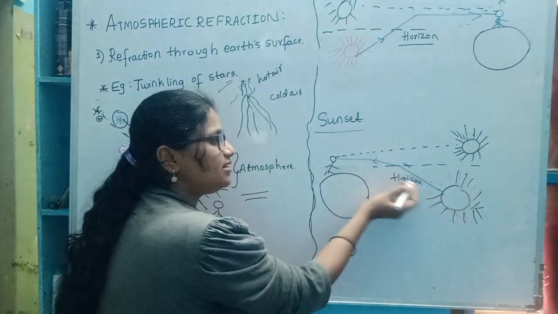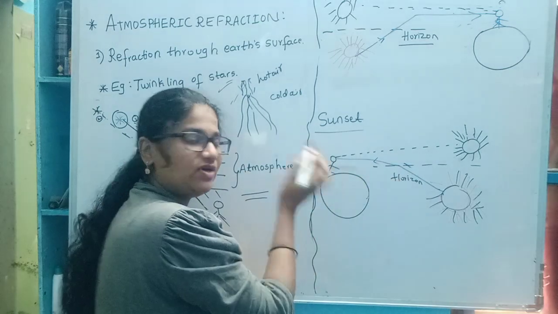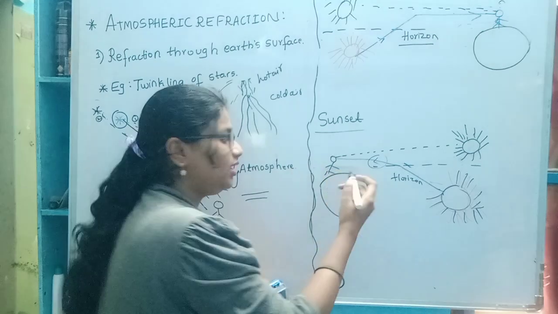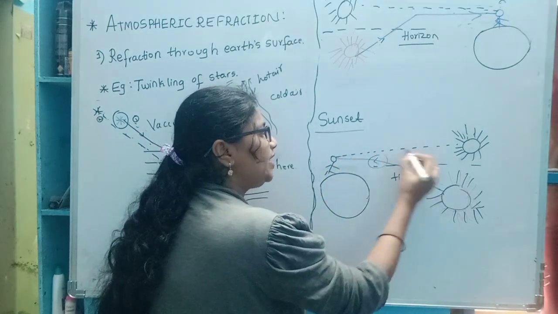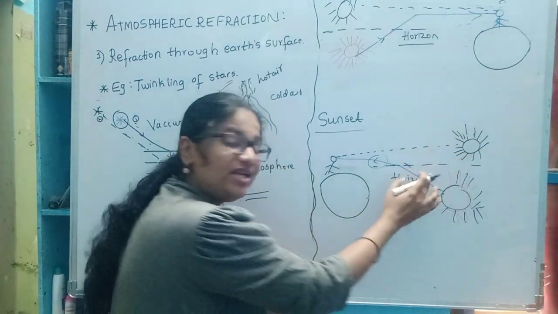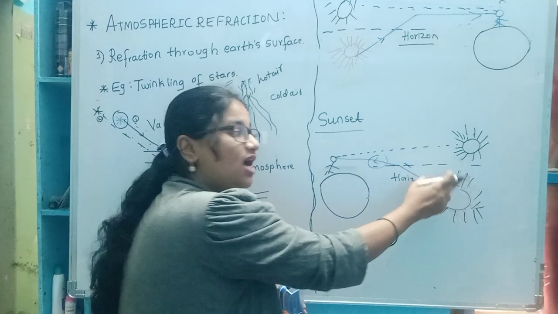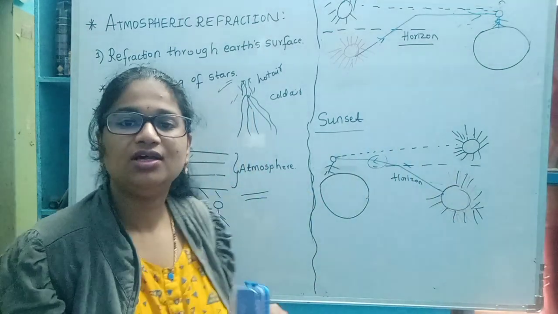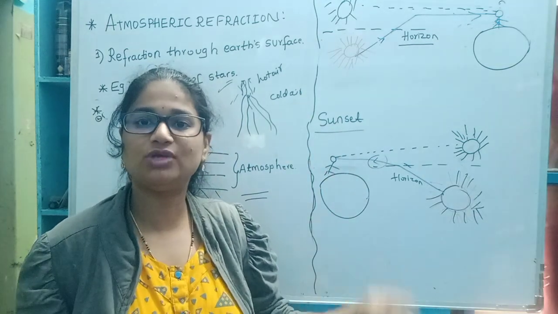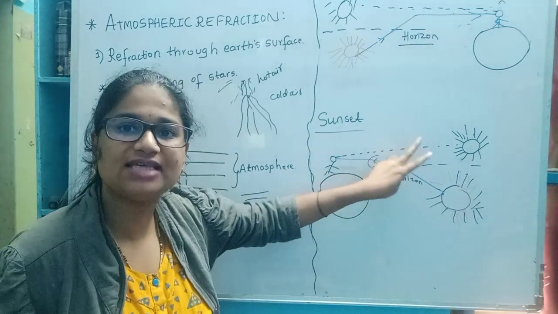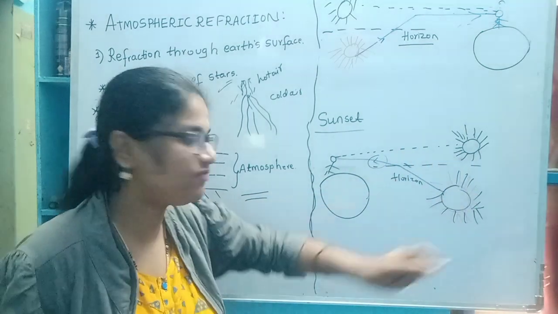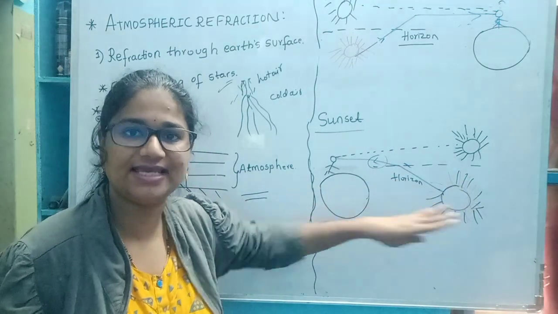The light from the sun travels through the layers of the atmosphere, undergoes multiple refraction, many times, and the refracted rays meet and form an image of the sun which we are able to see even after the sunset. This image is not permanent. We are not able to see it after 1 or 2 hours. We are able to see the sun after sunset only for 2 or a maximum of 5 minutes. After that we get to know the sun has set.